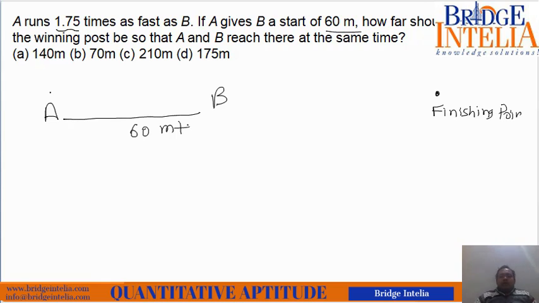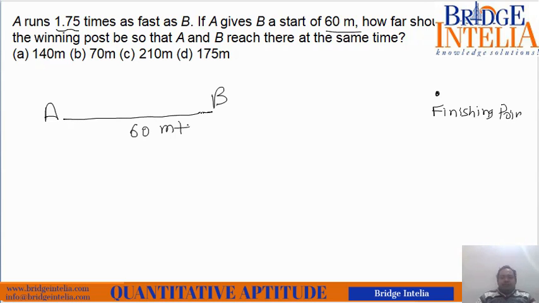So they both want to reach the finishing point together. That's why he gave B an advantage, that since you are a slow runner, I am giving an advantage to you. You stand a bit ahead of me. So this is what is known as giving a start. Question is, how far should the winning post be?